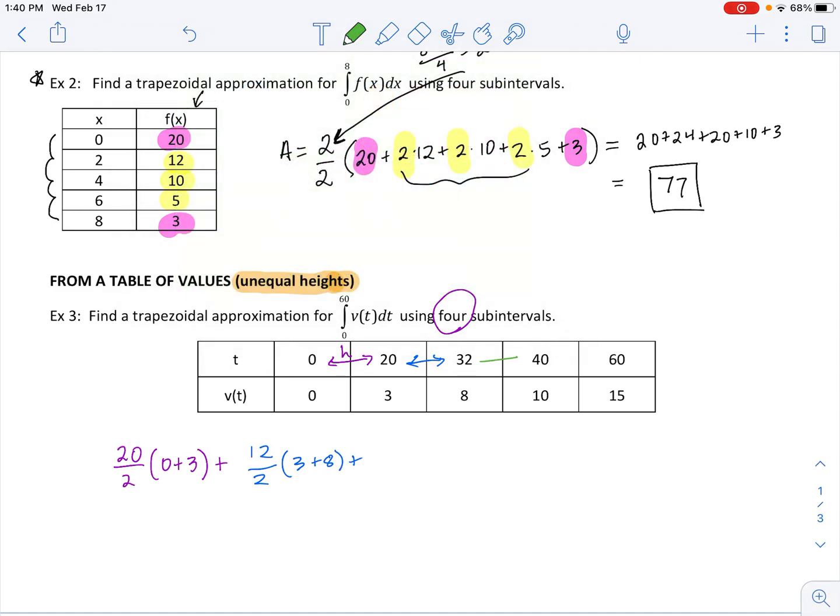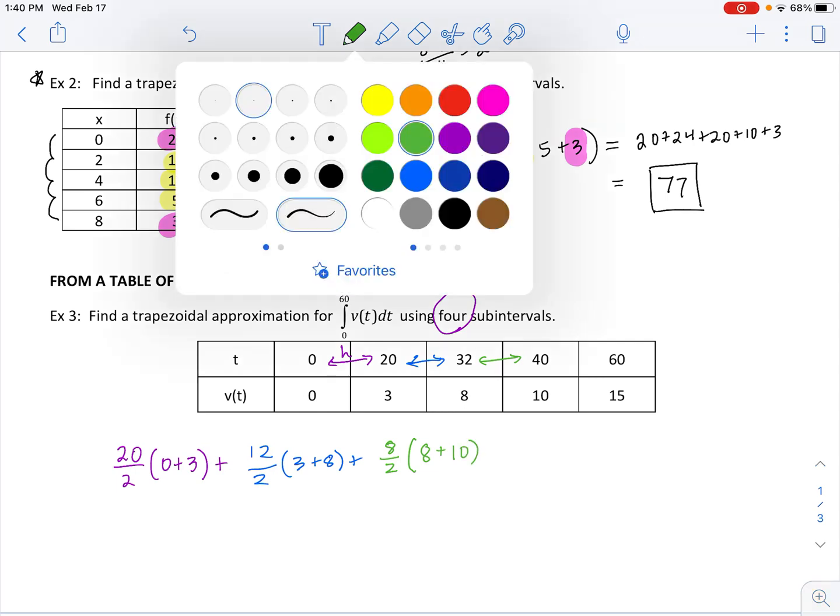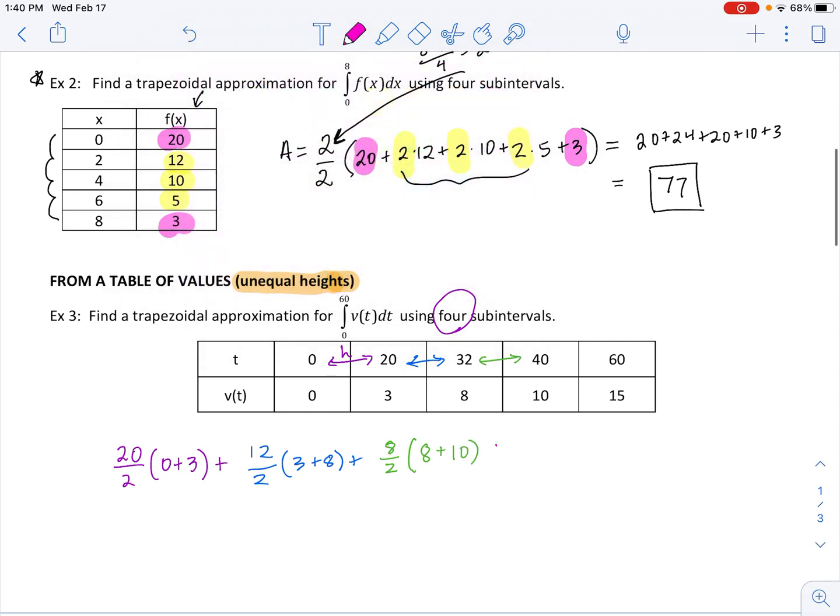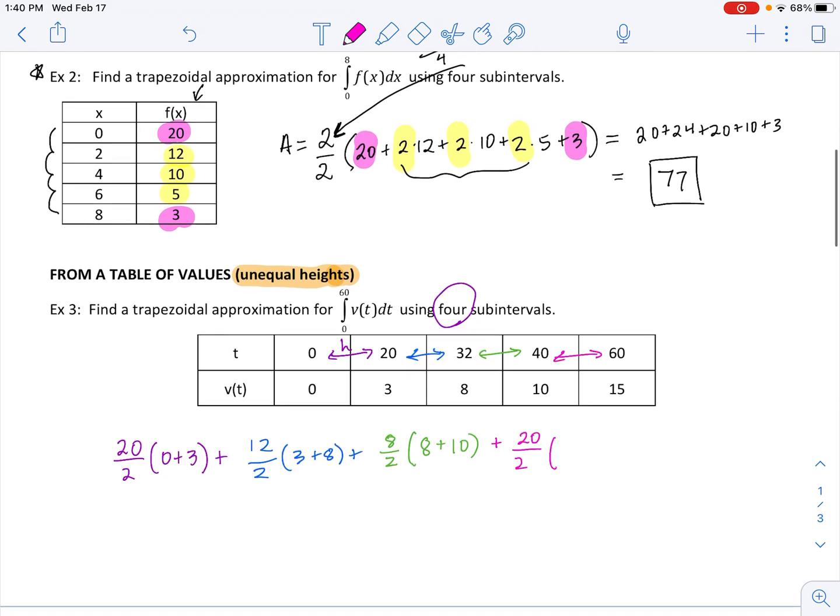Next guy, let's go green, is 8 units in height. And then the sum of my bases are 8 and 10. And then the last guy is 20 units in height. And then the sum of my bases are 10 and 15.